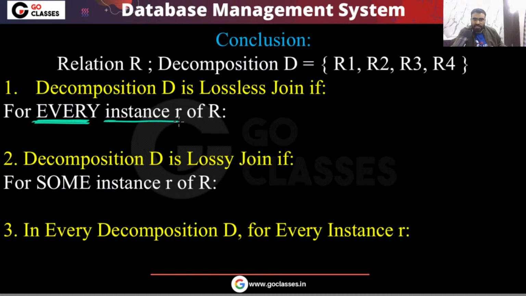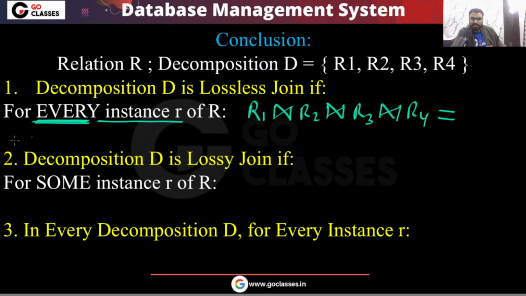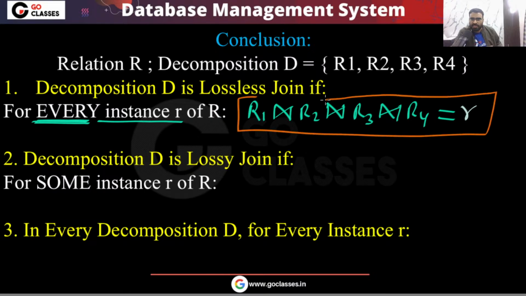For every instance of R, this should happen: when we do the natural join of the decomposed relations, we must get the original instance. I hope this point is clear. And this should happen for every instance of R.